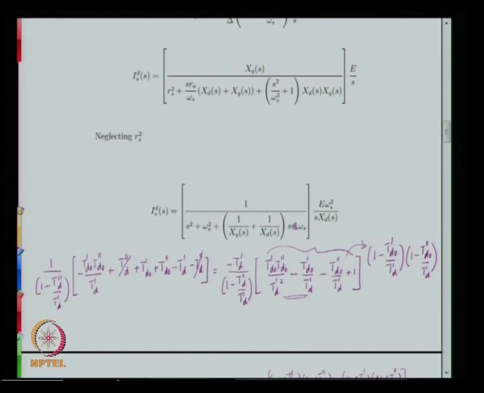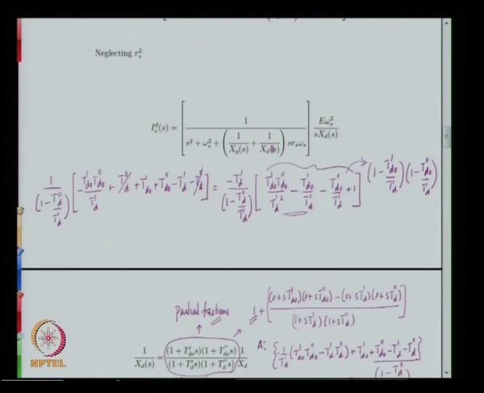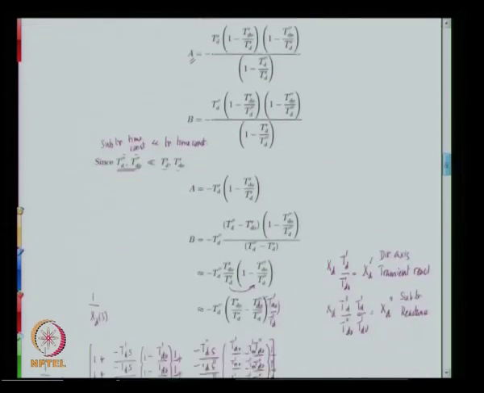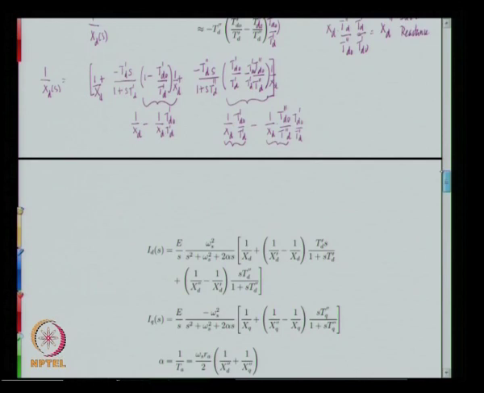Now Rs is a very small number, and because you are having something multiplied by a small term, this will have an effect only when the xd and xq change very fast, which happens in the subtransient interval, and therefore this can be replaced in an approximate sense by 1 over xd dash plus 1 over xq dash.